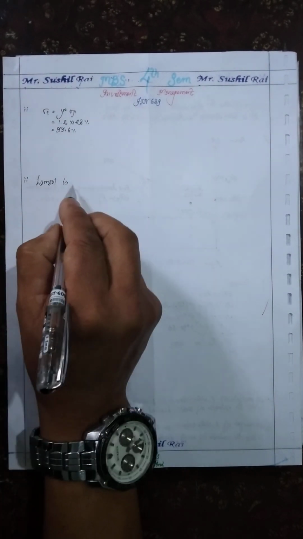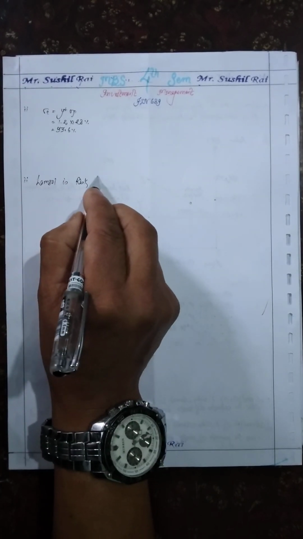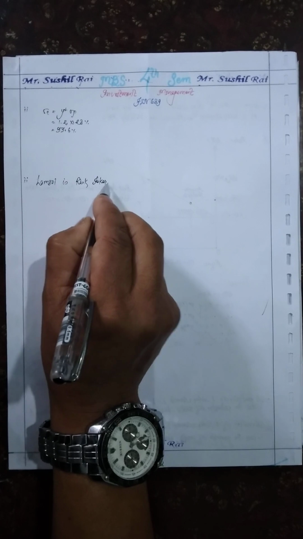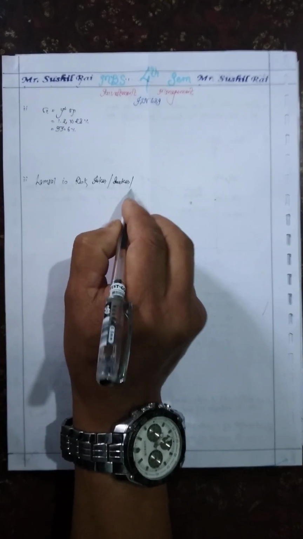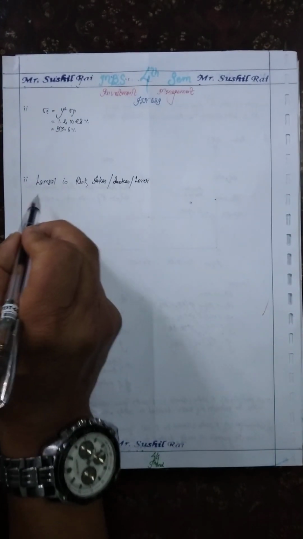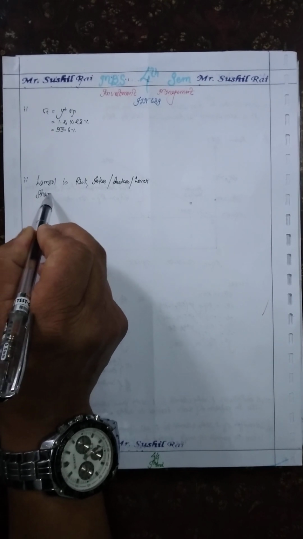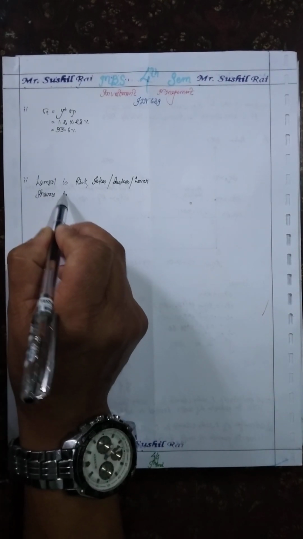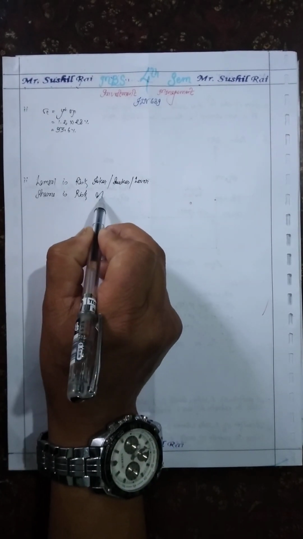Mr. Lamsal is a risk taker, risk seeker, risk lover. Mr. Sharma is risk averse.